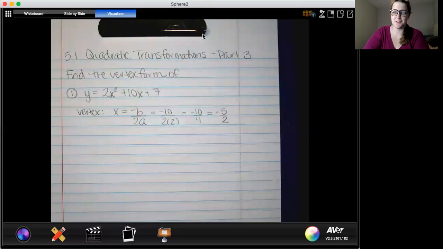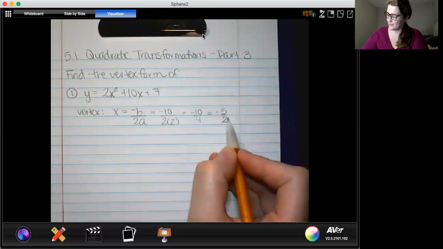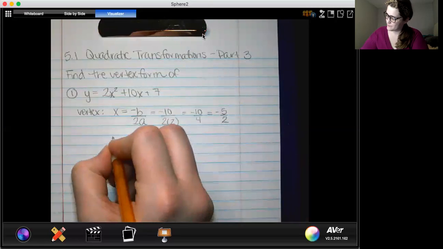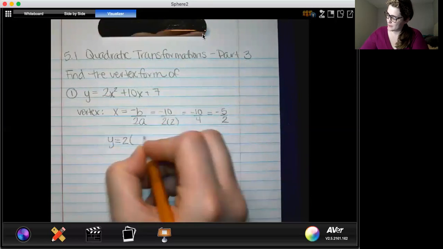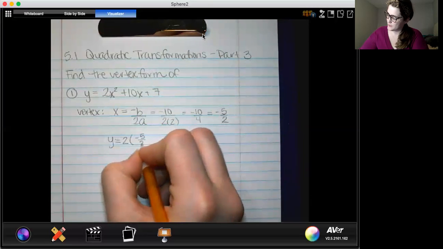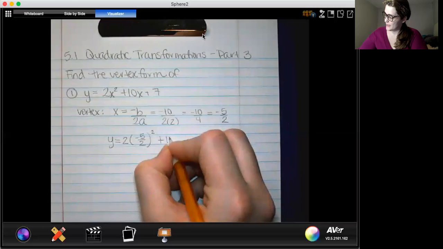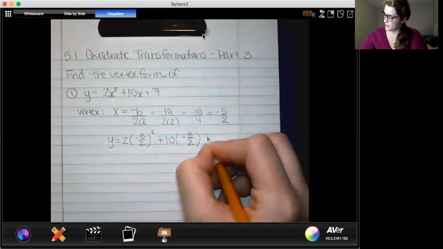Sorry, my computer screen froze. So then we're going to substitute negative 5/2 in for x. y equals 2 times negative 5/2 quantity squared plus 10 times negative 5/2 plus 7.